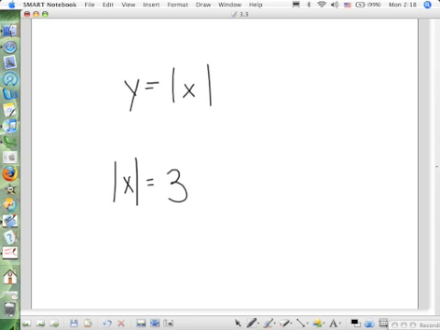You need to be taking notes. Here y equals x, and here x equals 3. So that means y. This is an absolute value function that looks like a V. It's not a parabola. This is 2 lines.